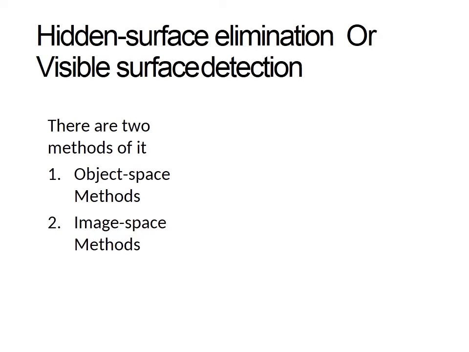Hidden surface algorithms bear a strong resemblance to two-dimensional scan conversions. One is the object space method, the second is the image space method. Object space methods: in this method, various parts of objects are compared. After comparison, visible, invisible, or hardly visible surfaces are determined.